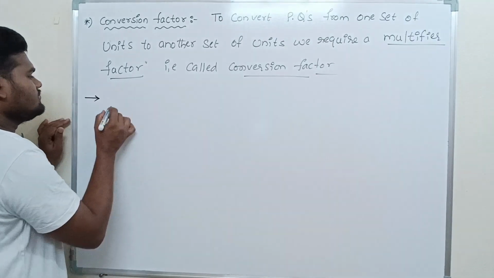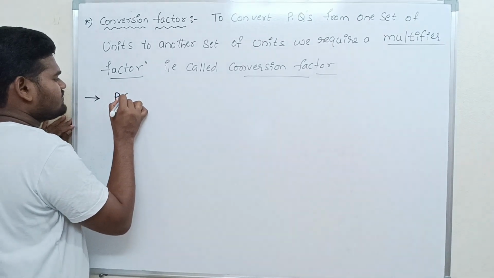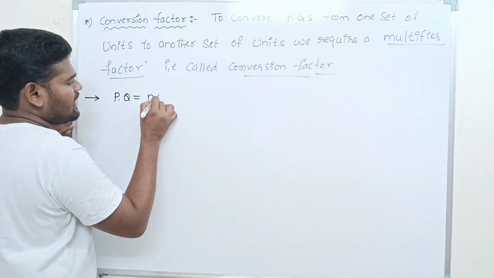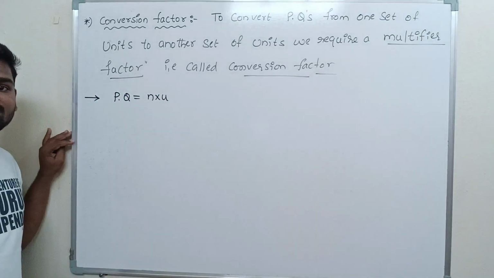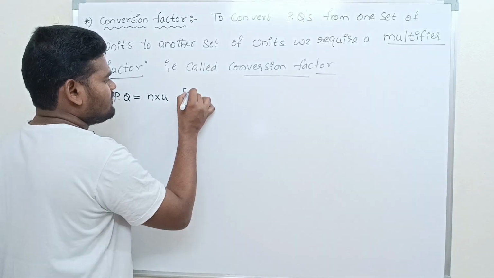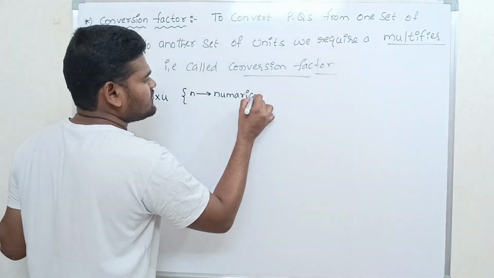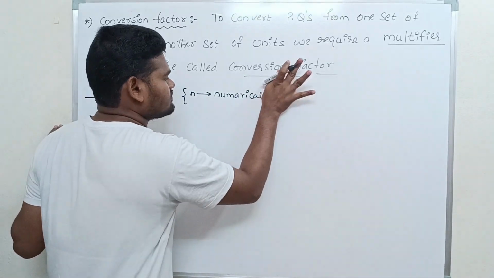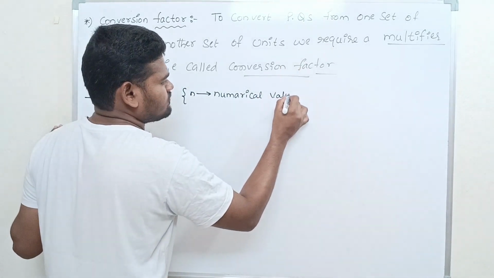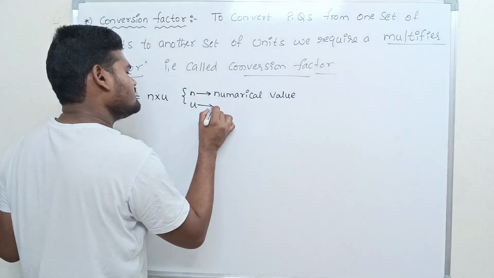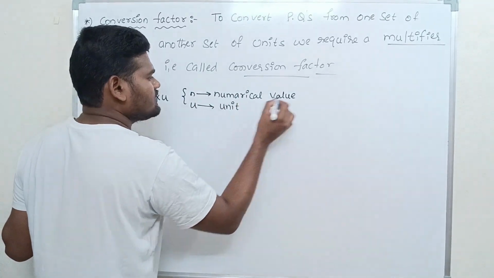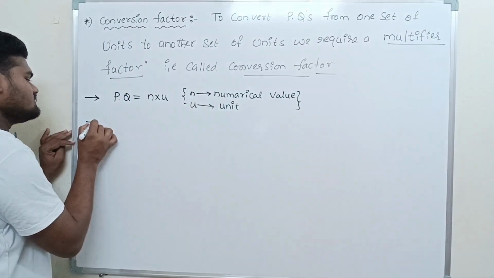Now we can write, physical quantity is equal to n into u, where n is the numerical value and u is the unit.